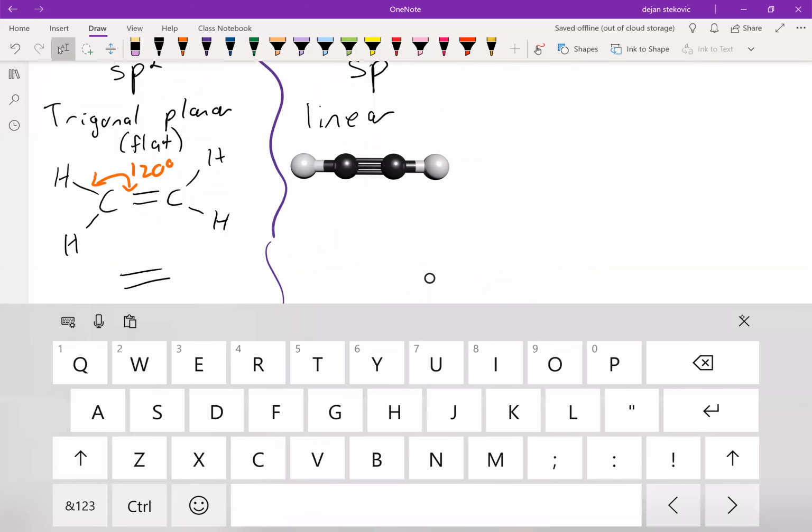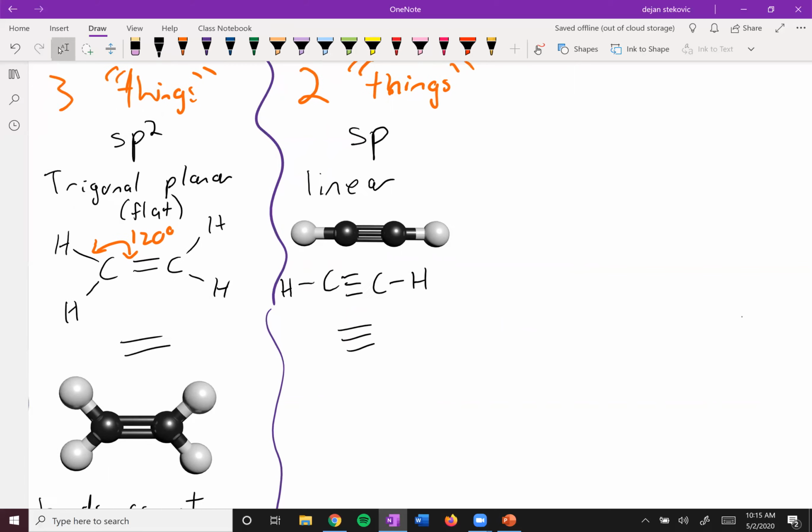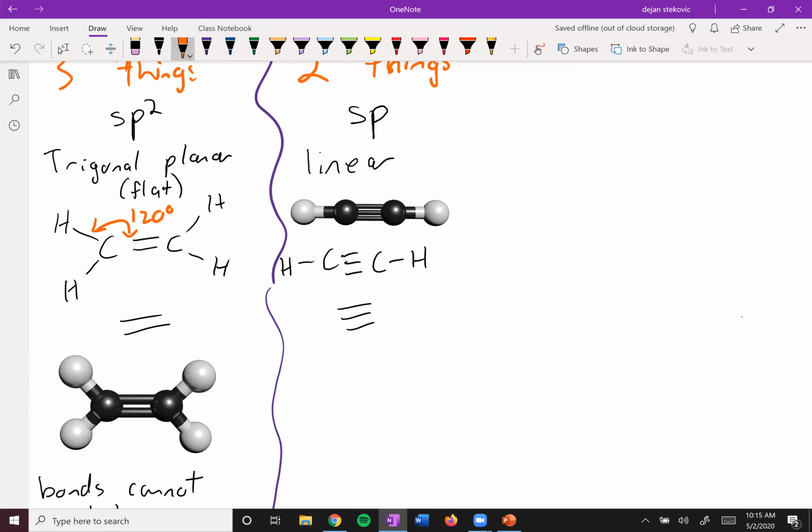And these bonds also can't rotate, but there's no isomers because there's only one thing attached to each one side. And so if we draw the picture of that, here's the Lewis structure. And then the skeletal structure, it would just be 3 straight lines in a row. Remember, this bond angle right here is 180 degrees. And the bonds cannot rotate.